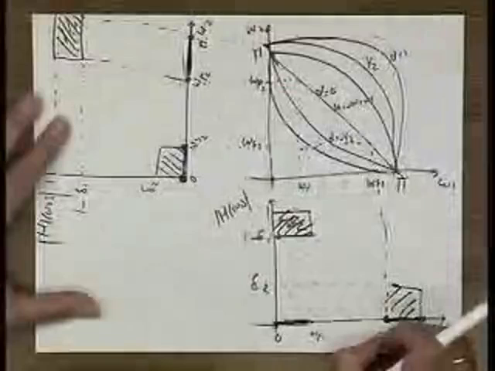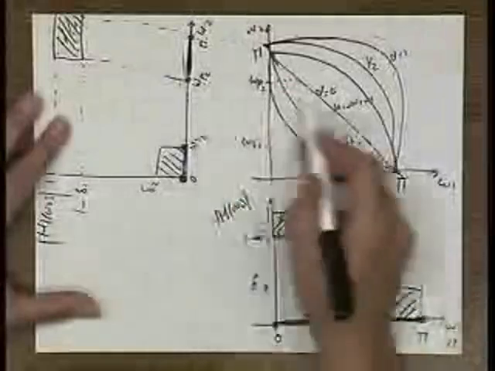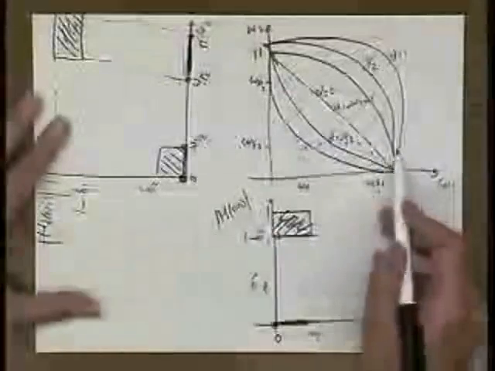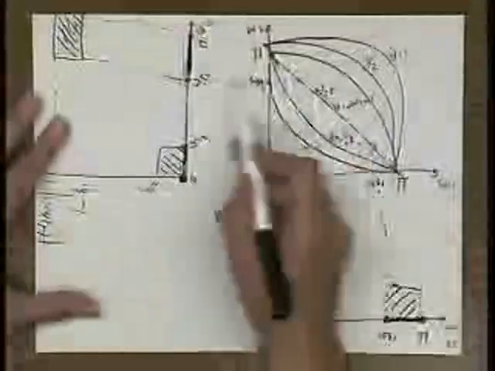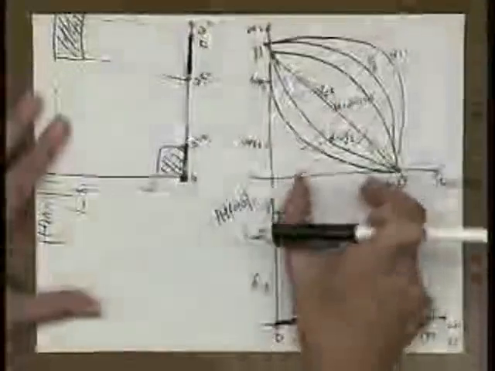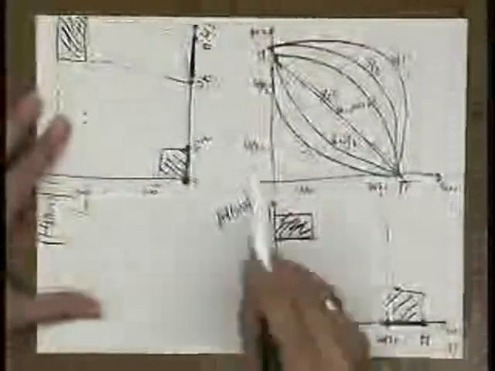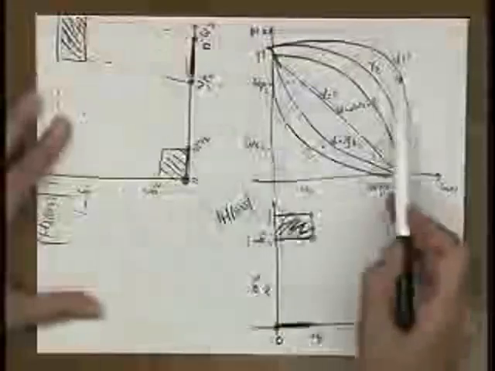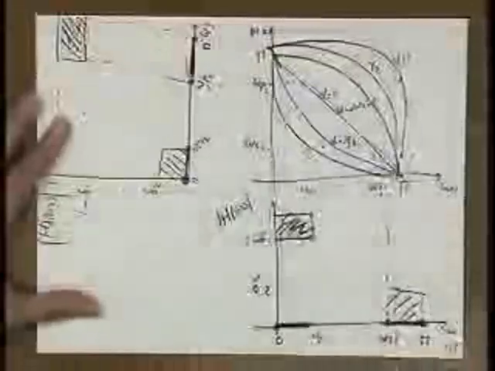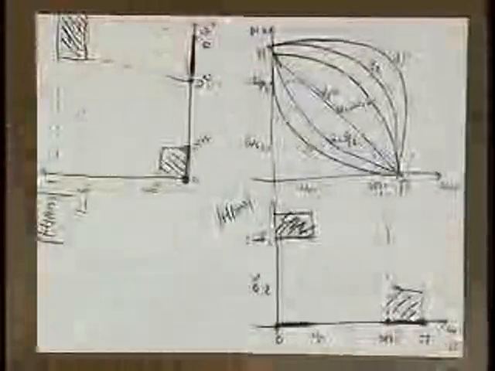For alpha equals 0, there's a good healthy distance between these two frequencies, omega p1 and omega s1. When you go to alpha equals 1, this and this become very close, so the transition width became smaller in some sense.